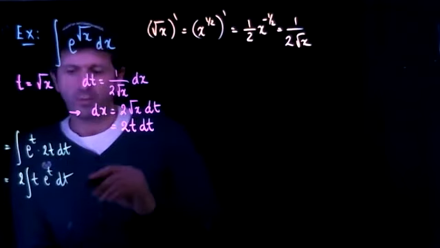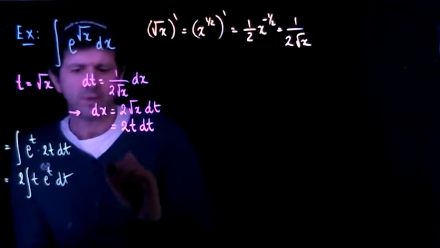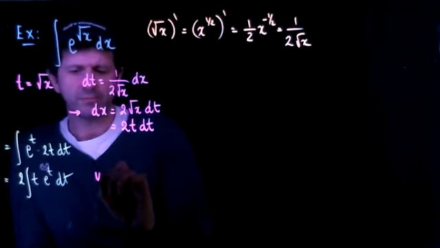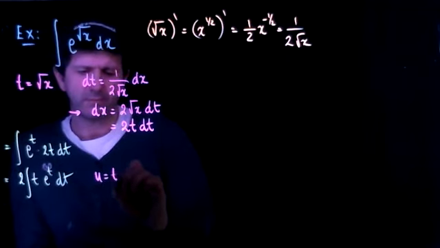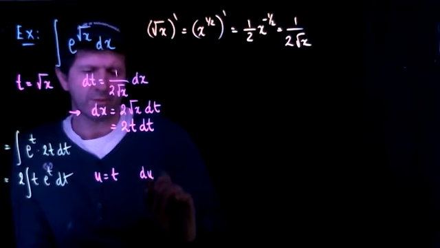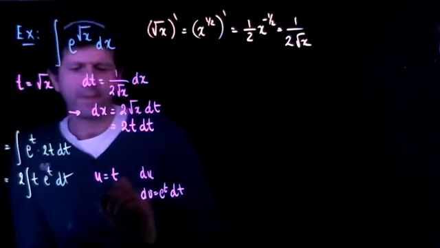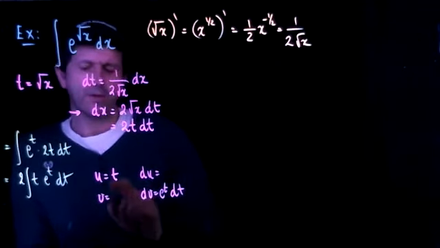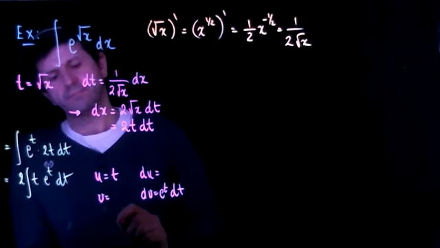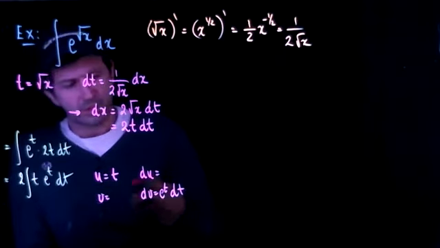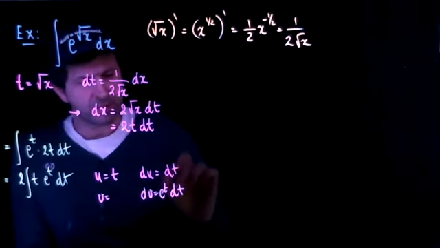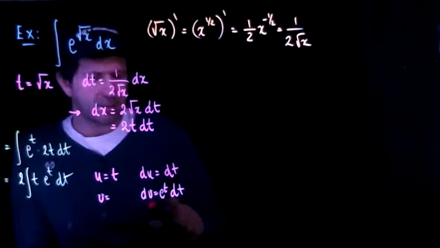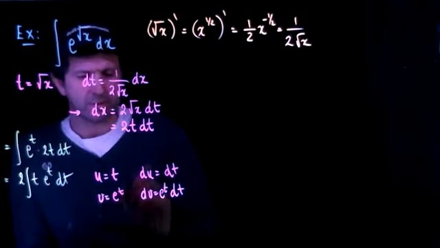And let's do by parts right here. So u is equal to t. I'll find du, and then dv is e to the t dt, and I'll find v. Okay, u equals t, so du equals dt, and dv is e to the t dt, so v equals e to the t.